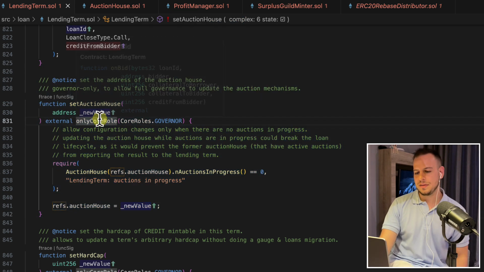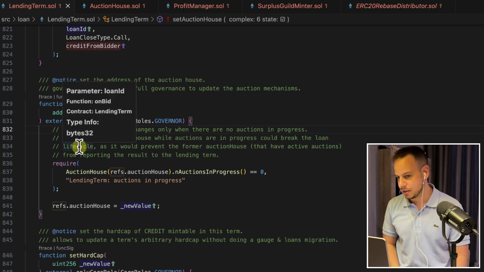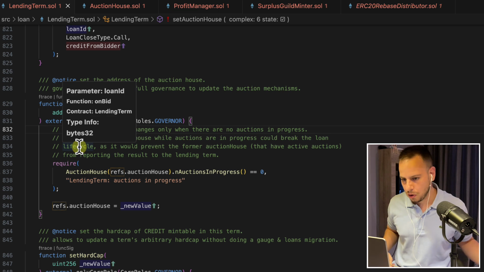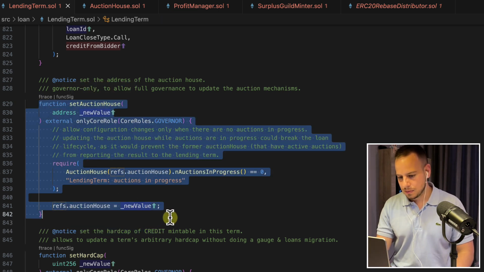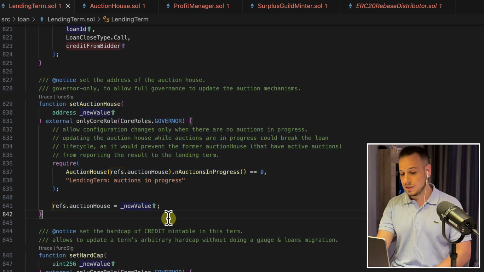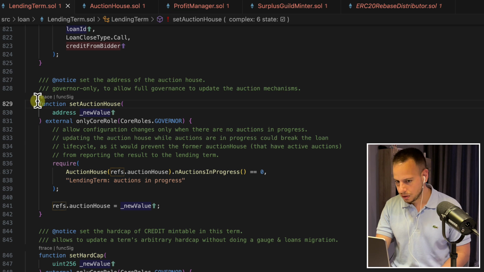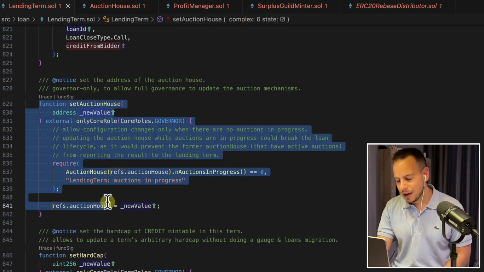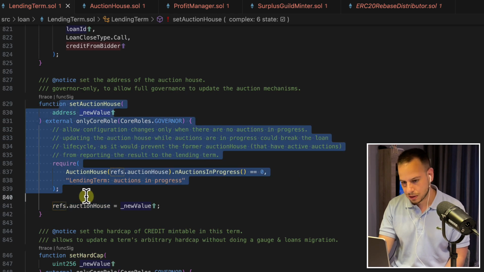Interesting. I think it's a low because the likelihood of this happening is low, because they can say the governor will not call forgive for open loans. But the impact I think is quite high, because if you cannot update the auction house, it's not very high because it just means that you cannot update the auction house contract.